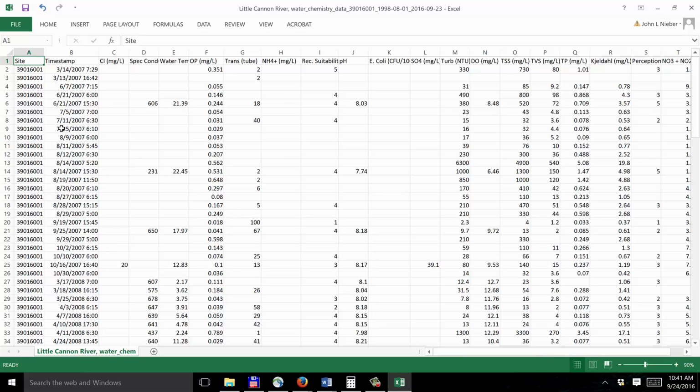All right, so we have the date and timestamp. Discharge is not given specifically here, but you can line these values up with the discharge values taken from the continuous record.